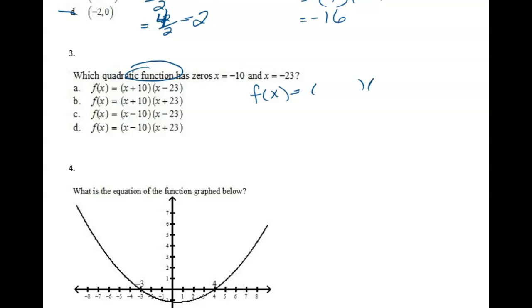And we're doing this in factored form, so you put x in front of each bracket, and remember here you still take the opposite. So if it said -10, you put in a +10. If it says -23, you put in a +23. Let's match up to which answer this is, and that's going to be B.